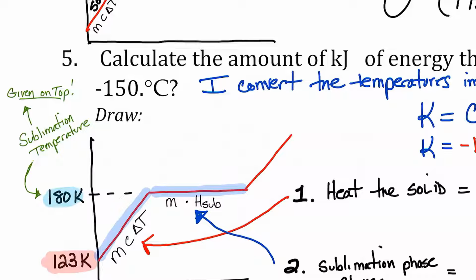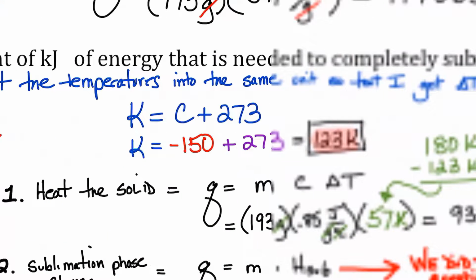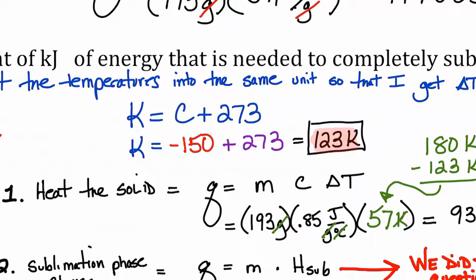So what I did initially was I converted my Celsius to Kelvin. From the reference table, I know that Kelvin equals Celsius plus 273, table T. I took my negative 50 and added 273, and I have the actual temperature that the CO2 started at in this problem.